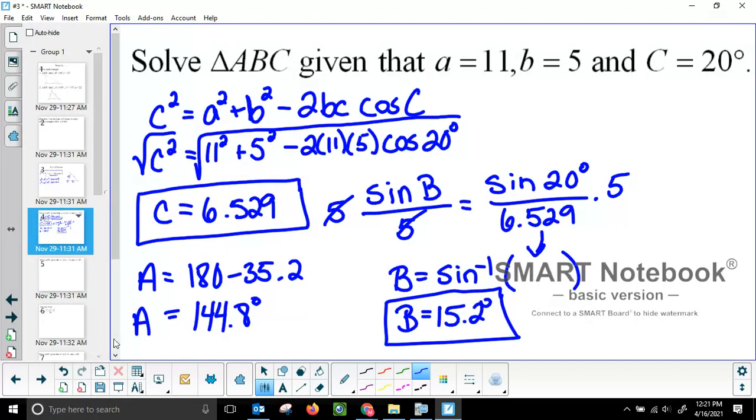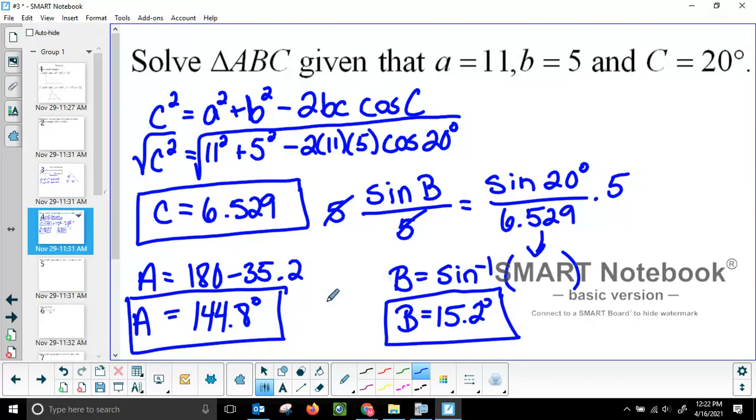And this does make sense, because our largest angle is across from our largest side, and our smallest side is across from our smallest angle. Had you actually found angle A first, because it was an obtuse angle, it would have messed you up. And if you checked, does my triangle make sense, it would not have.